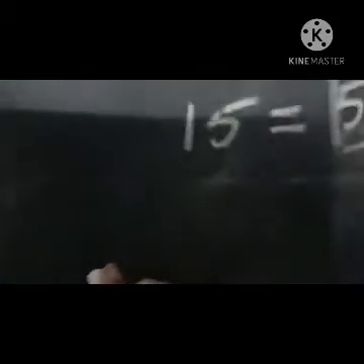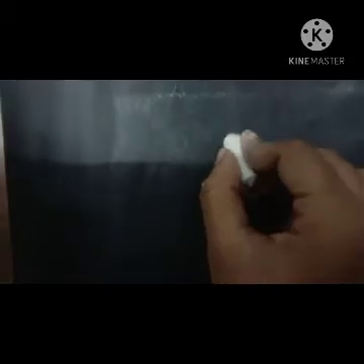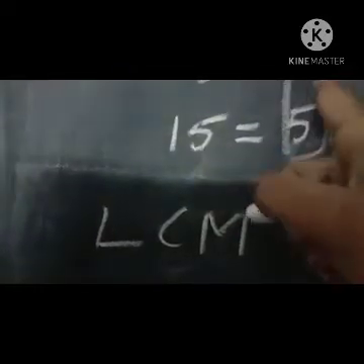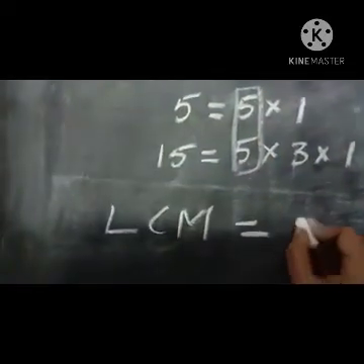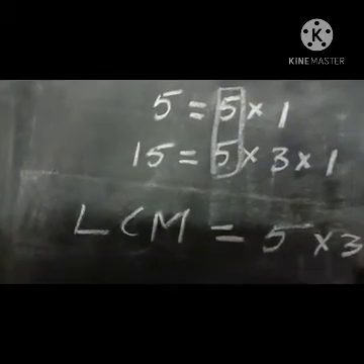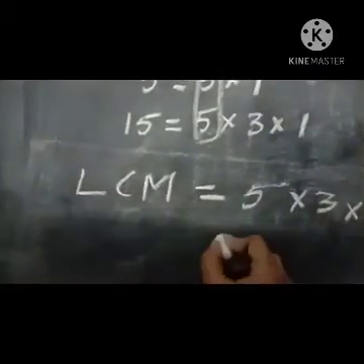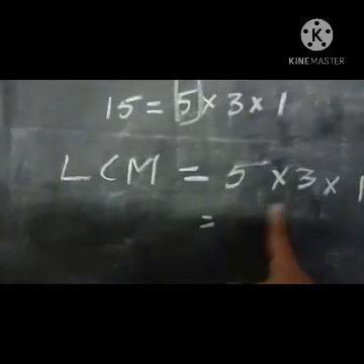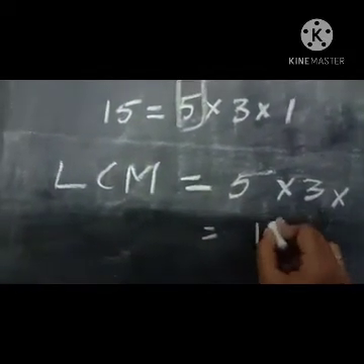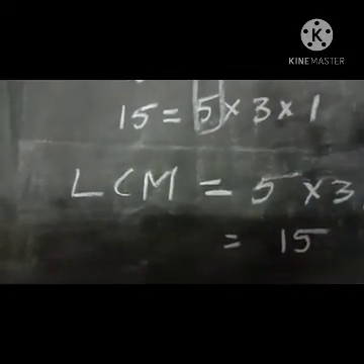So LCM is equals to, we have to write it only one time, no? 5 into 3 into 1. So here what is the LCM? 5 threes are 15, 15 ones are 15 only. So the LCM is 15.